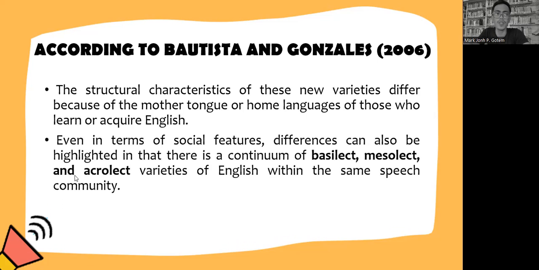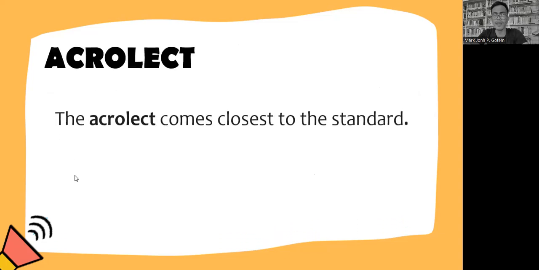Even in terms of social features, differences can also be highlighted in that there is a continuum of Basilect, Mesolect, and Acrolect varieties of English within the same speech community. Let's start with the Acrolect.